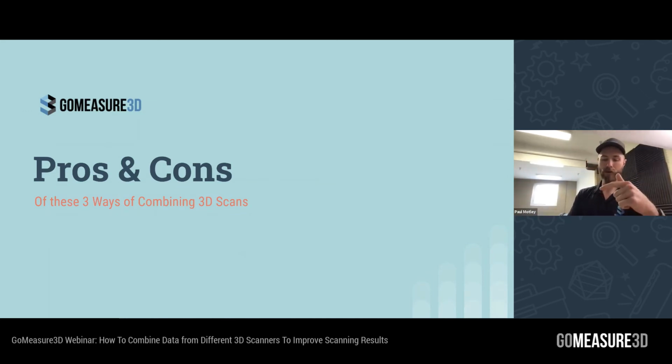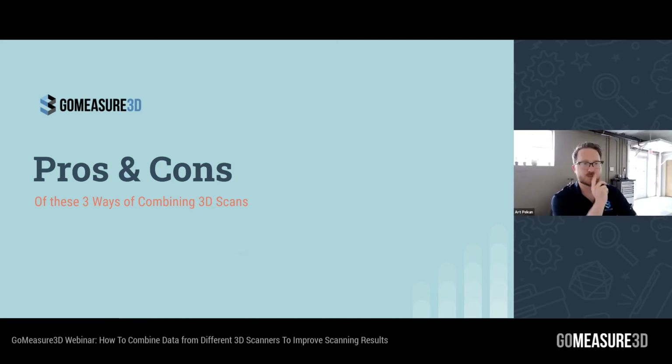So another question that came up is minimum overlap. And just to add a little bit to what you're saying, there's accuracy on a scan level and then on a volume level.